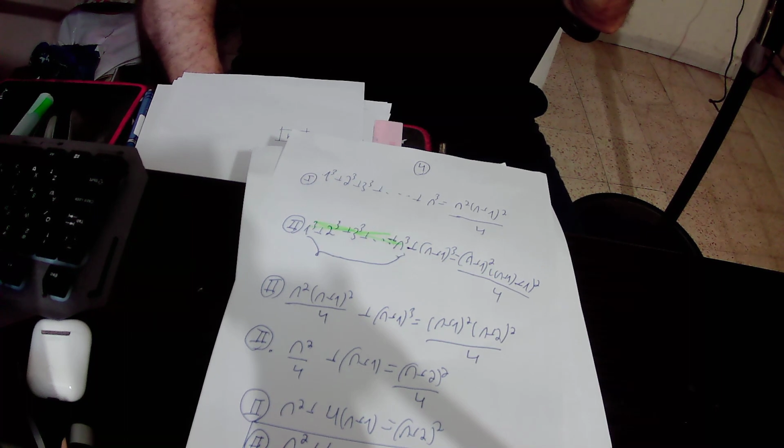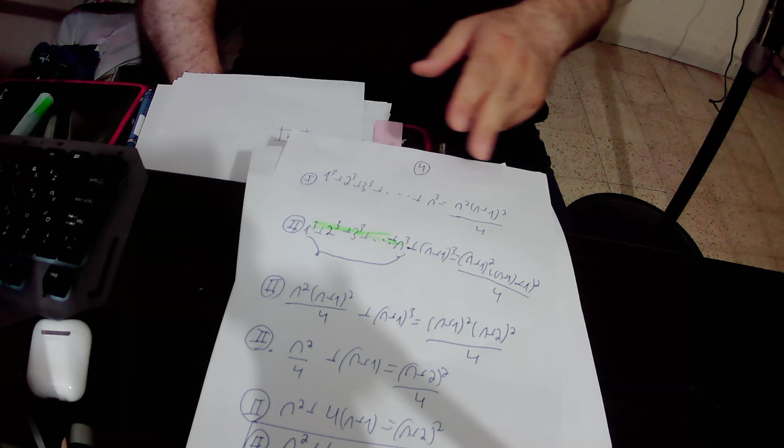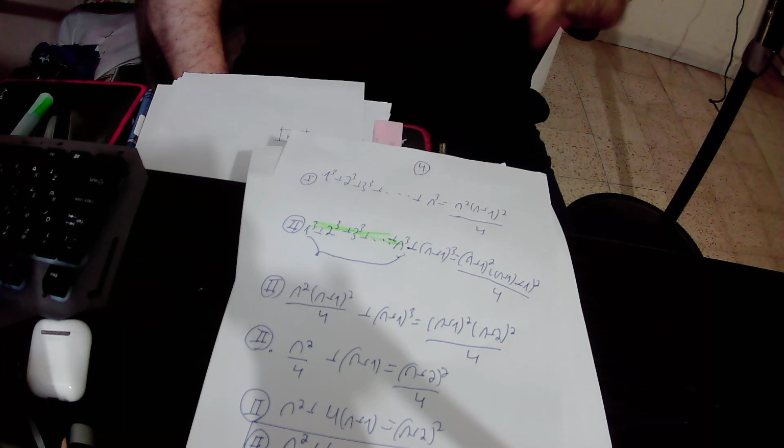And now that we know that it is true for 3, it must also be true for 4. So we will repeat this process again and again, and in this way we actually proved that this expression or equation is true for all the natural numbers. Okay?